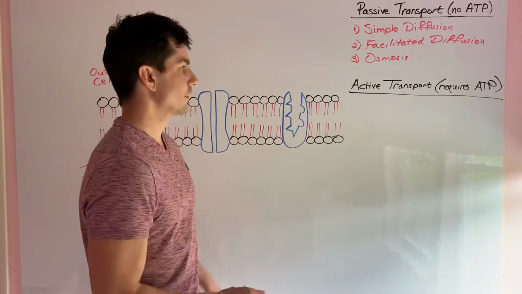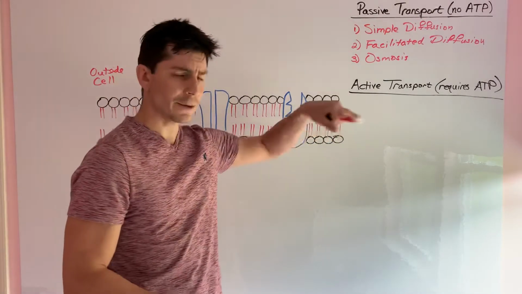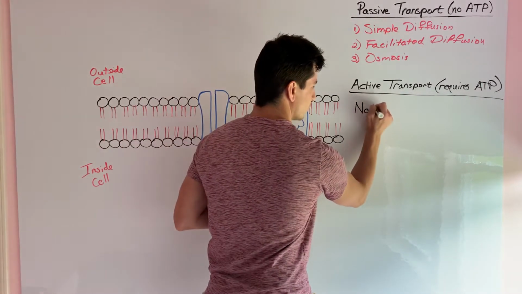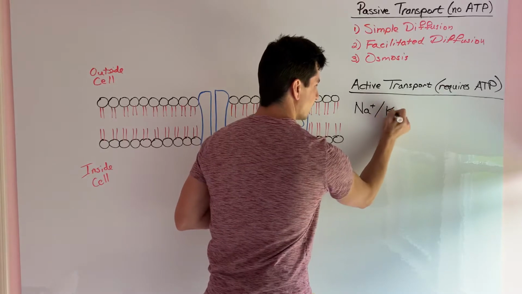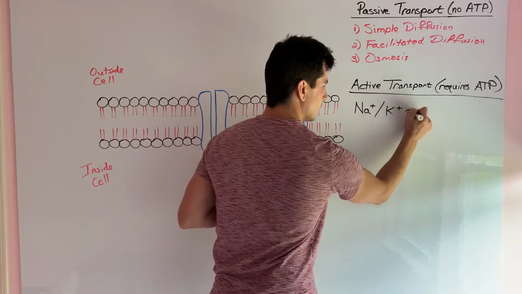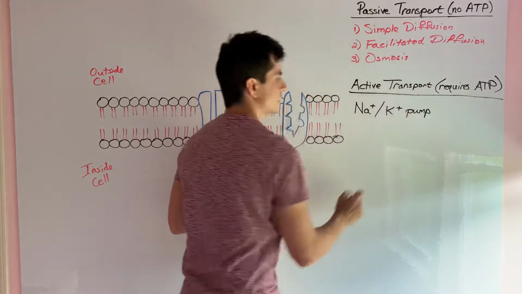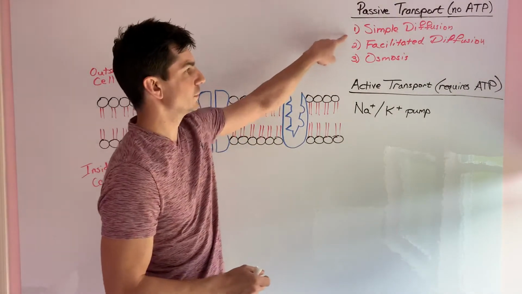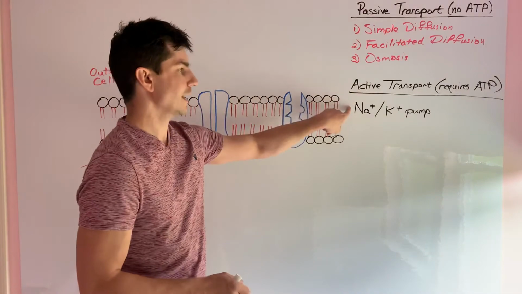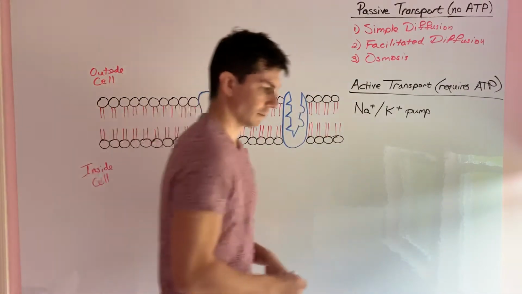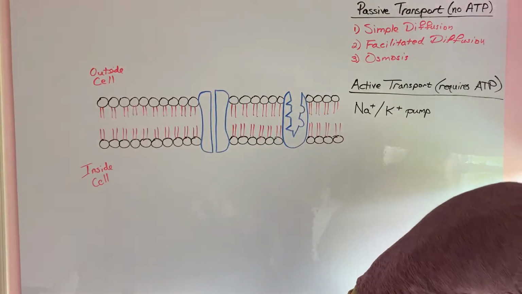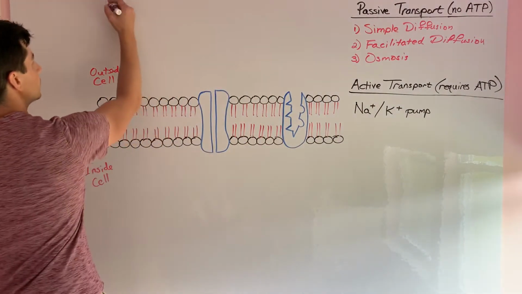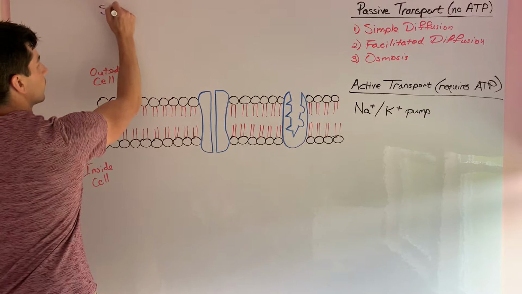However, the main one you're going to have to know is Na+, which is sodium, and K+, which is potassium. We'll go over the sodium-potassium pump. So like I said, this video covers simple diffusion, facilitated diffusion, and active transport, and that's it. So let's start with our simple diffusion, and I'll draw that over here.